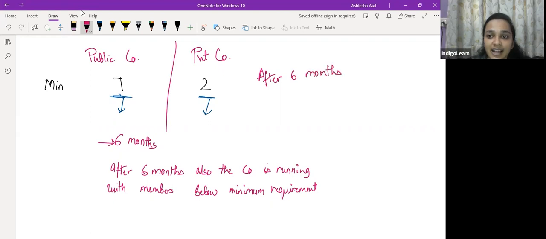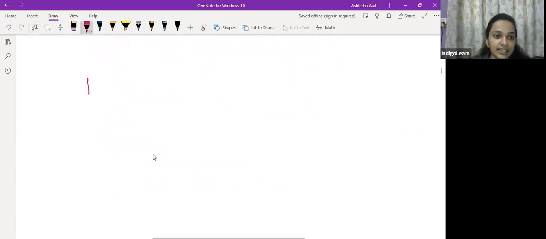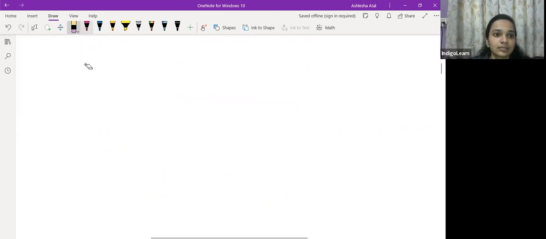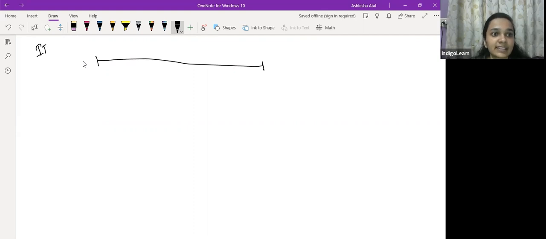Let's understand this with the help of an example. Say there's a public company, say ITC Limited. अभी ITC Limited में on 1st of May, what happens is there were say 7 directors, there were say 7 members.